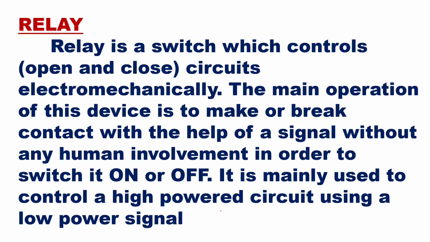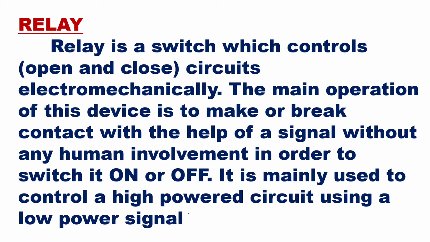A relay is a switch which controls, that is opens and closes, circuits electromechanically. The main operation of this device is to make or break contact with the help of a signal, without any human involvement, in order to switch it on or off. It is mainly used to control a high powered circuit using a low power signal. This is important.